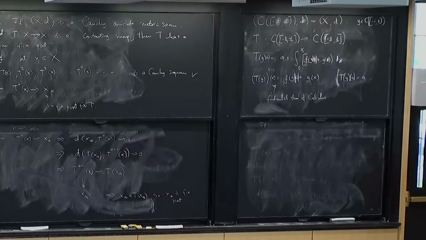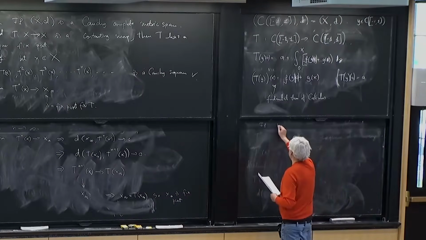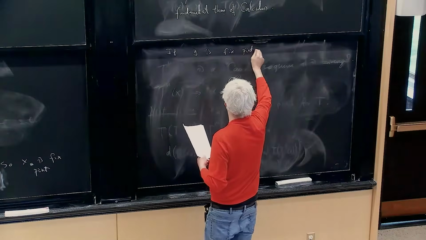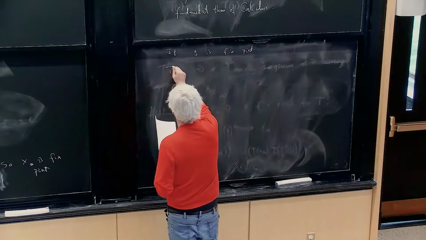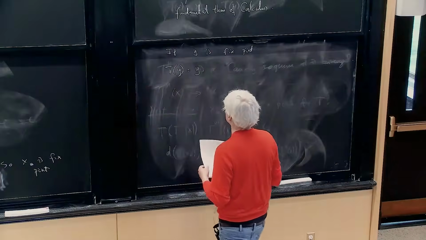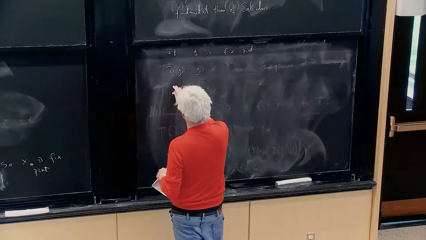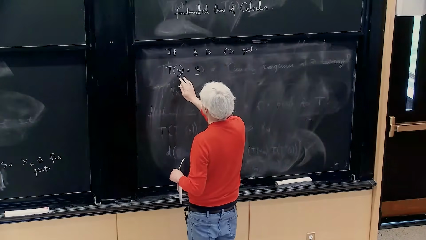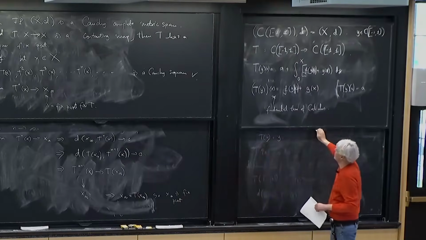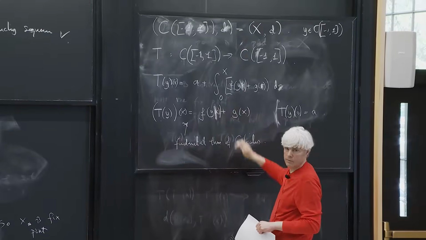Okay, so the first thing I want to observe is that if y is a fixed point, then T of y is equal to y. And so what does this mean? It means that T of y is of this form. So it has a derivative, and that derivative is this, right?